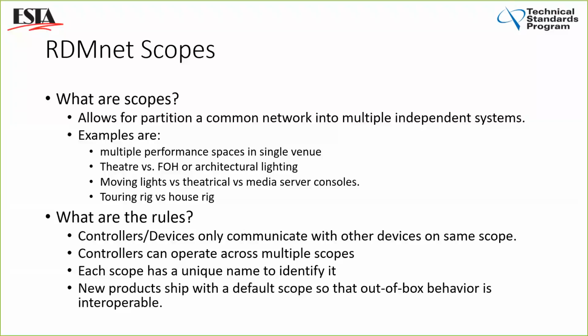In my example of the touring rig versus the facility rig, I can have a controller that can operate in both scopes. It might also be important in a theater for the lighting console to be in the scope of the stage lighting system, but also be able to control the house lights, which might be a different scope. Each scope has a unique name to identify it. This name is how we partition and define a scope.